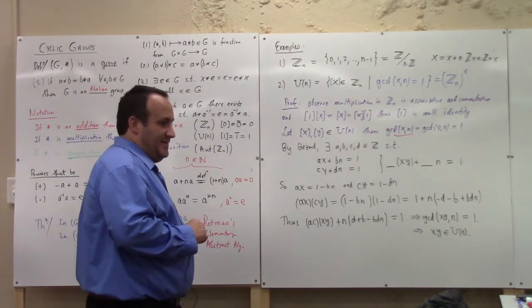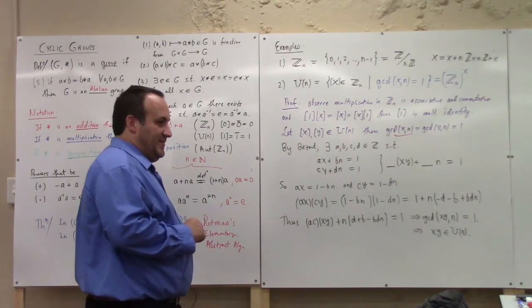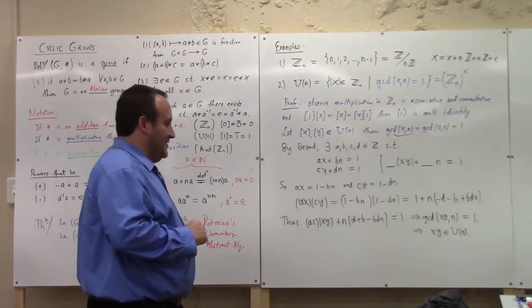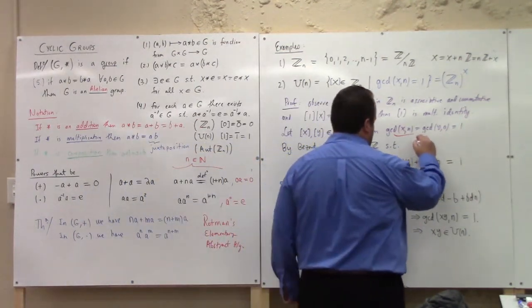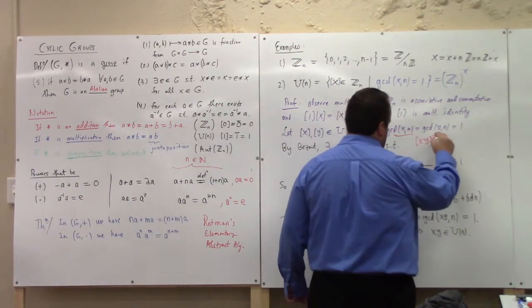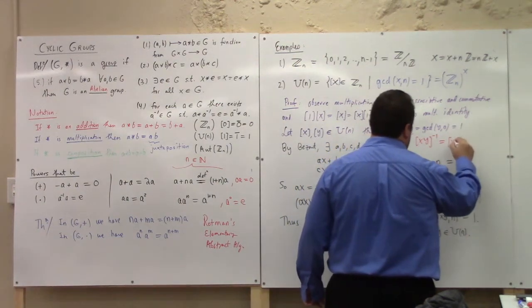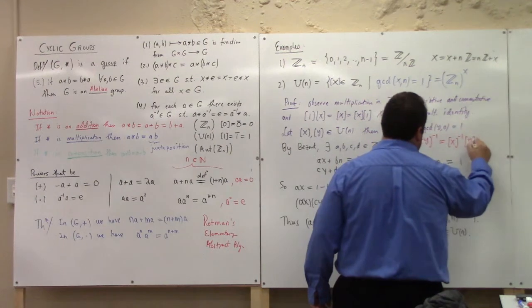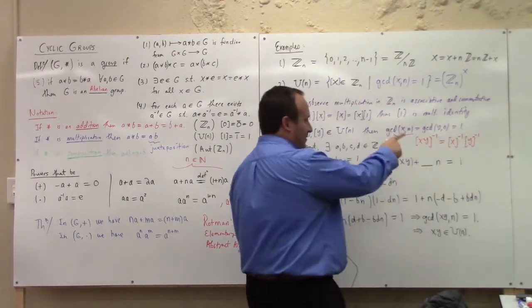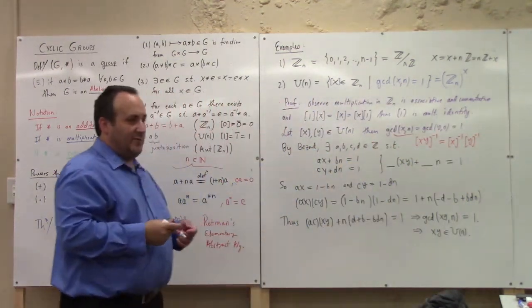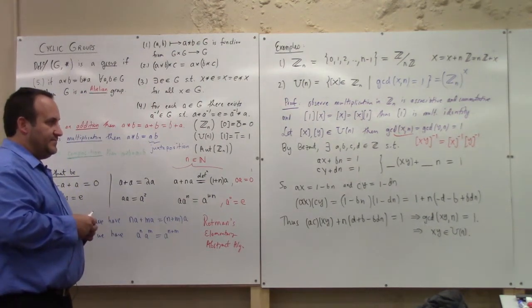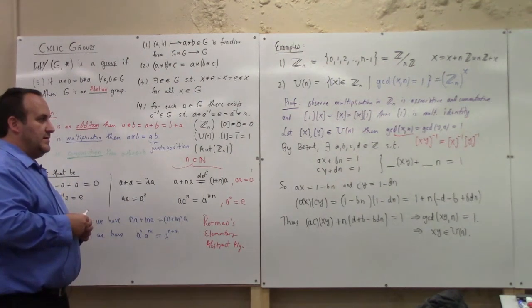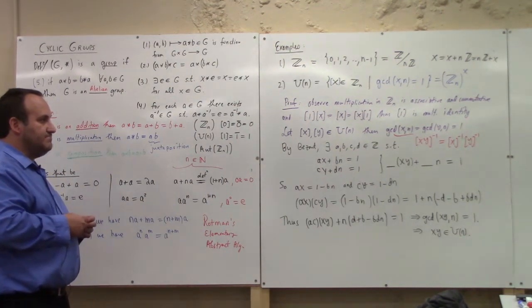Alternatively, the inverse of xy is nothing more than x inverse times y inverse, because they commute. If you multiply that by xy, you get back 1, which proves that it's closed under multiplication.